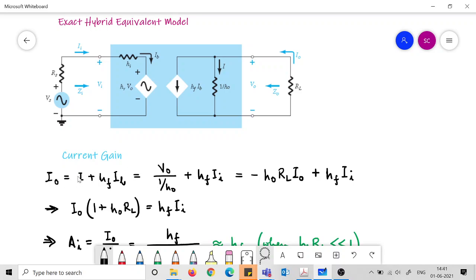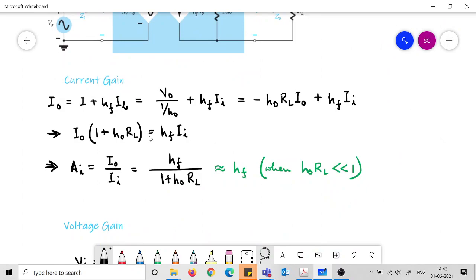So from this equation what we get is IO equals minus HO RL IO plus HF II. This IB is II. So we can directly get a relationship between IO and II very easily. That's why we are going for the current gain first. So we take IO on one side and then divide IO by II to get the current gain, which is nothing but HF by 1 plus HO RL.